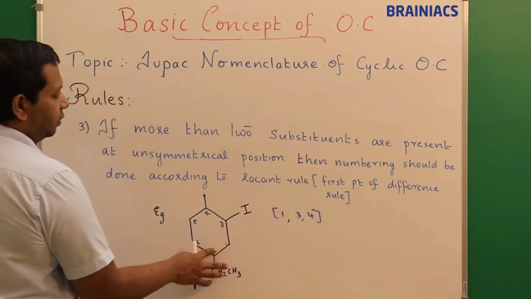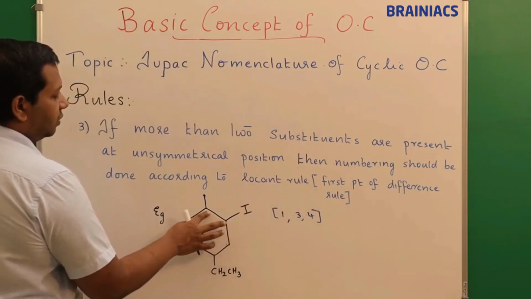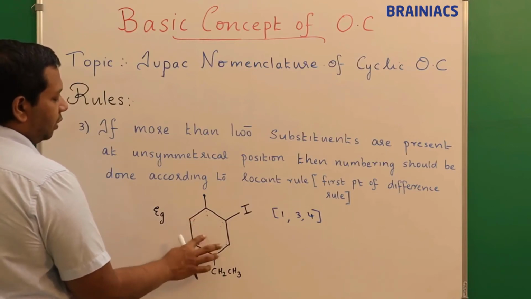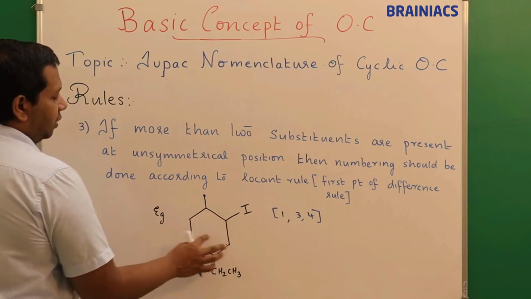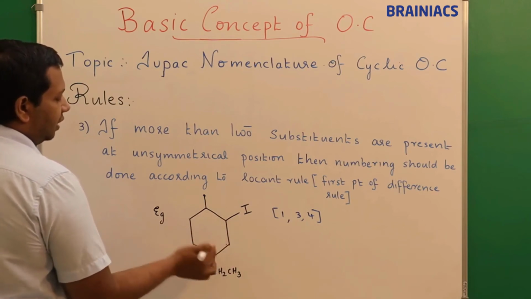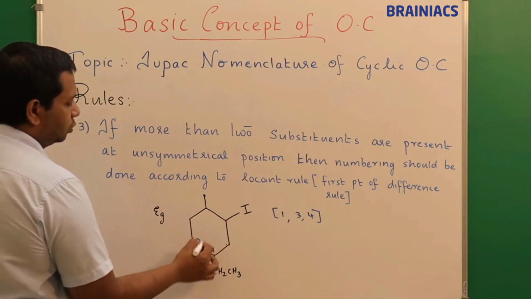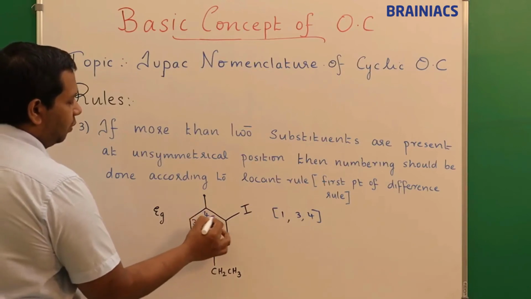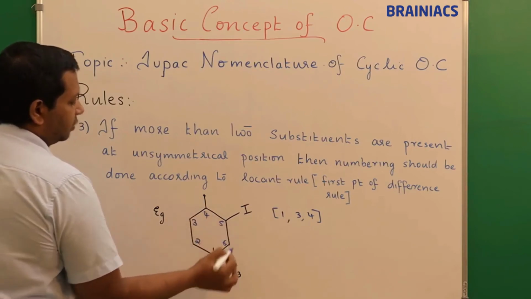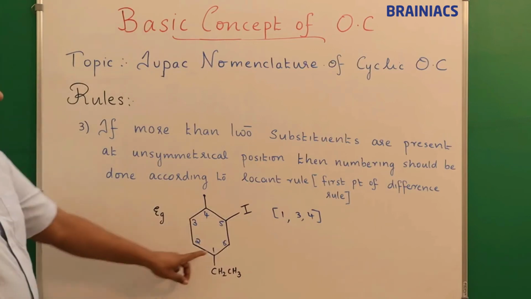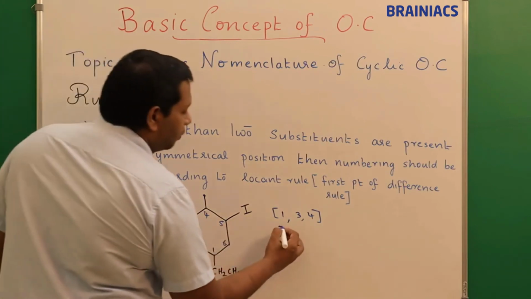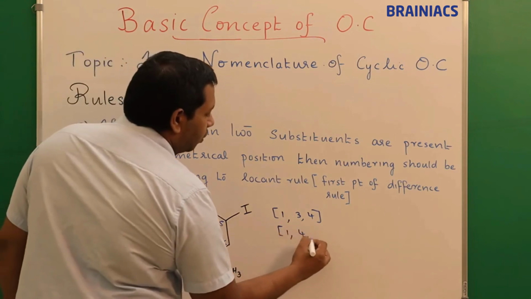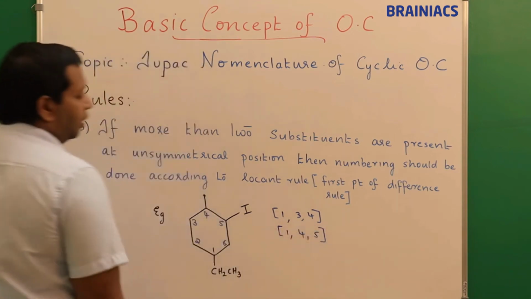Now another person is doing it in the other way. Let's see how it is. Okay, so I will write down all possibilities and you can decide which one is correct. So another person has done it like 1, 2, 3, 4, 5, 6. Now tell me the locants. Here it is 1, then it is 4, then it is 5. So I can write 1, 4, 5, correct?